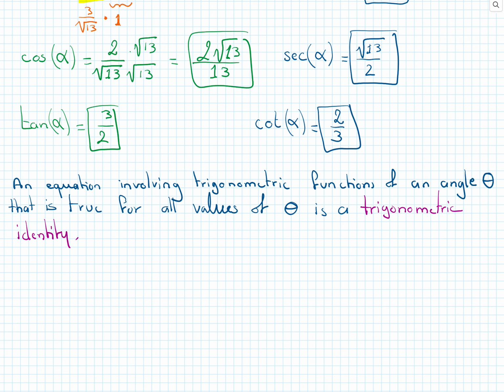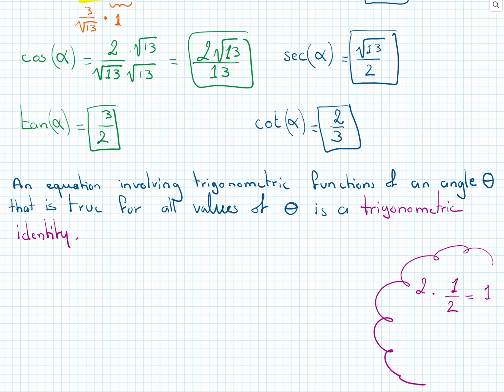Now, you've already dealt with identities in your earlier math years, right? For instance, let's put a little bubble here. If you look at two and 1/2, those are multiplicative inverses, and when you multiply them, you get a 1.